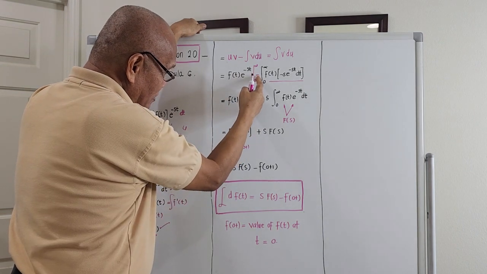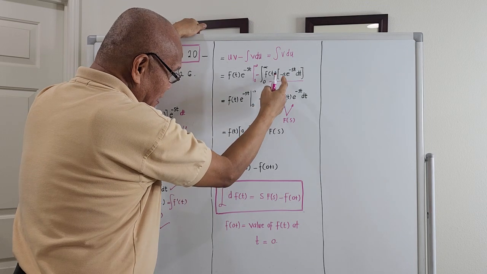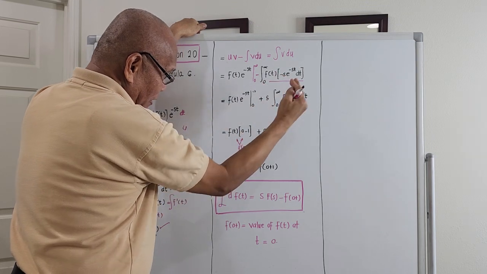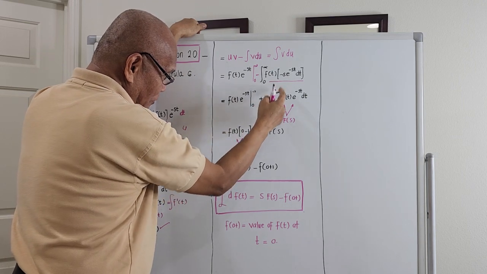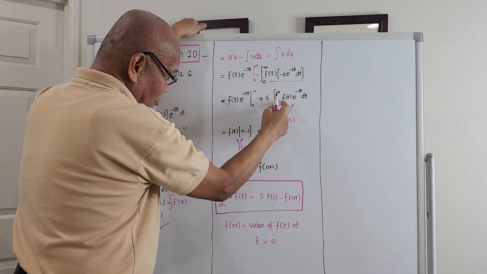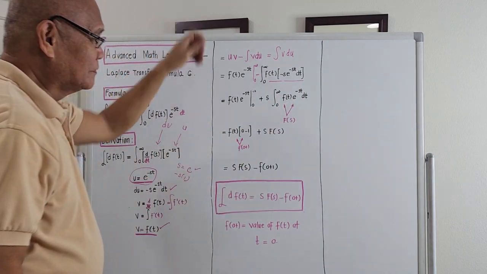This is minus s, so this will now be plus. Since s is constant, we bring it out, so this will now be s times the integral from 0 to infinity of function of t e raised to minus st times dt.